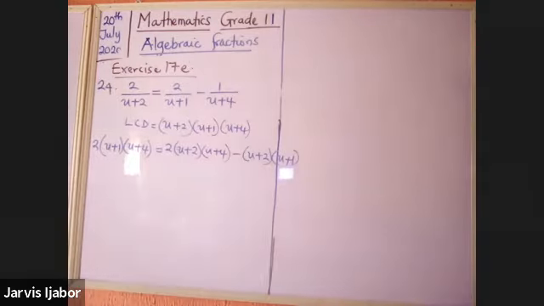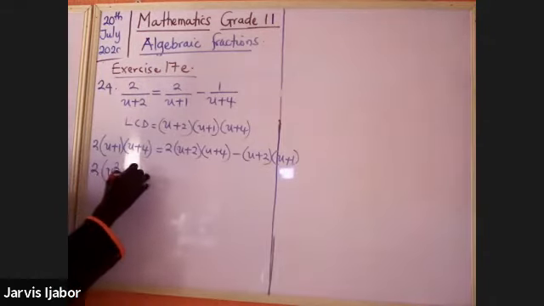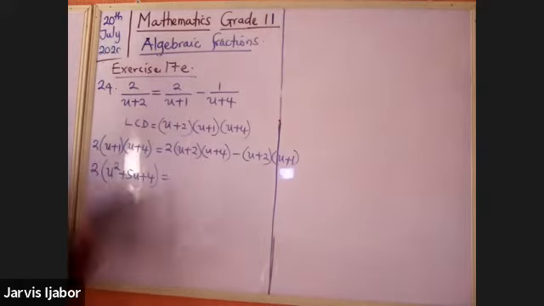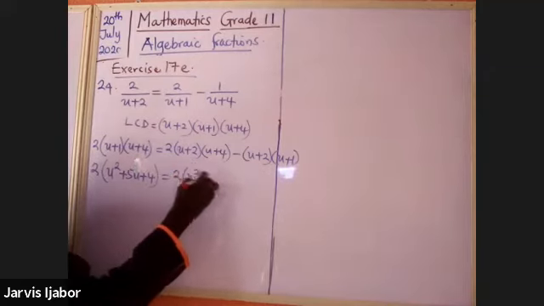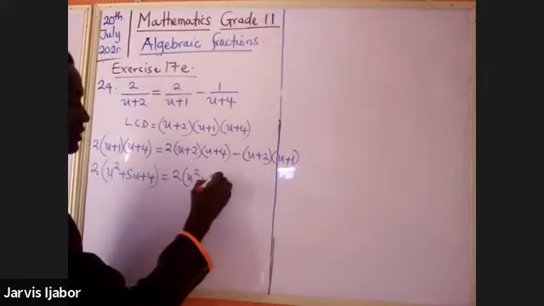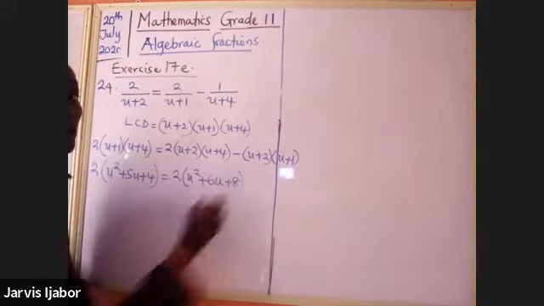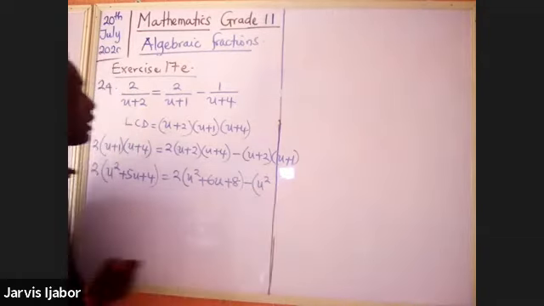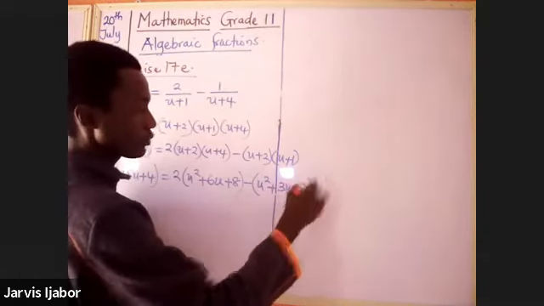Okay, the next thing we need to do is to try to open up the bracket. So this will be 2 into u squared plus 5u plus 4. This you can do gradually, you can do them separately and then apply them back in. This will give me 2 into u squared plus 6u plus 8. And this will give me minus into u squared plus 3u plus 2.